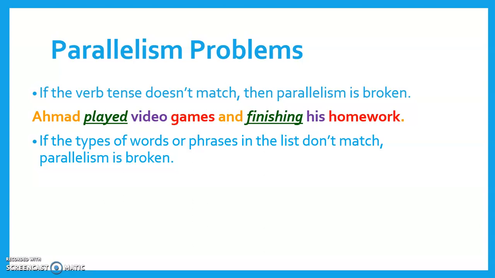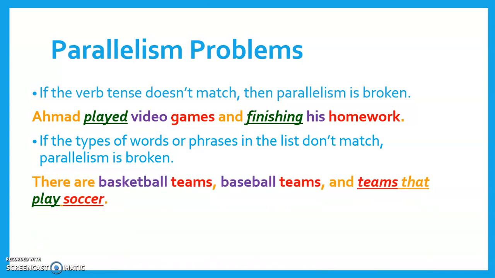Another common problem is when the types of words in the list, or the types of phrases in the list, don't match up. Like in this example, there are basketball teams, baseball teams, and teams that play soccer. As you can see, we've got an adjective-noun structure for our basketball teams and baseball teams, but then that last item, teams that play soccer, is a completely different structure altogether.